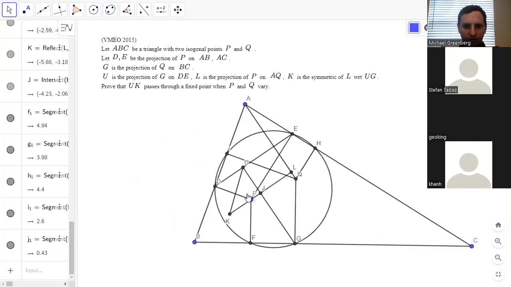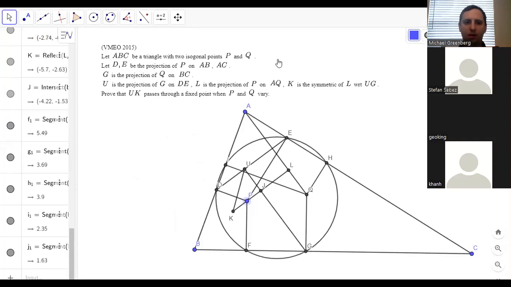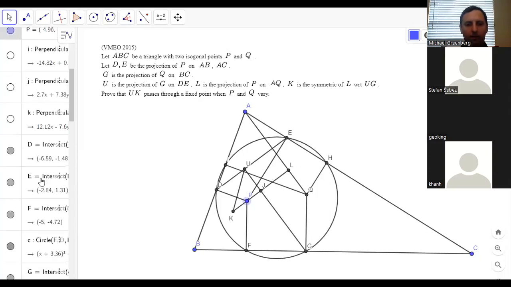Okay. Do you want to let P be the orthocenter or the circumcenter right now? If you want to guess the fixed point, then it's a good strategy. Okay.